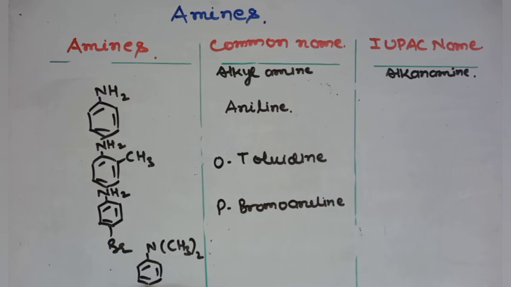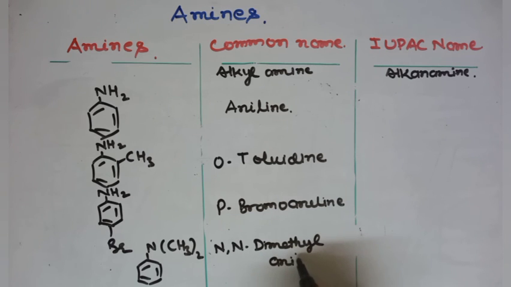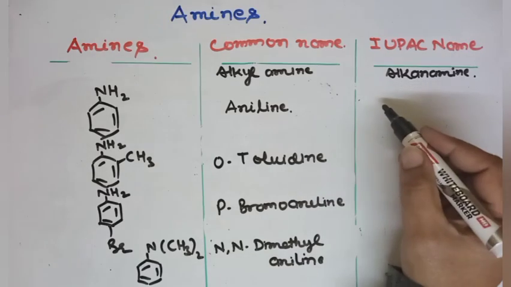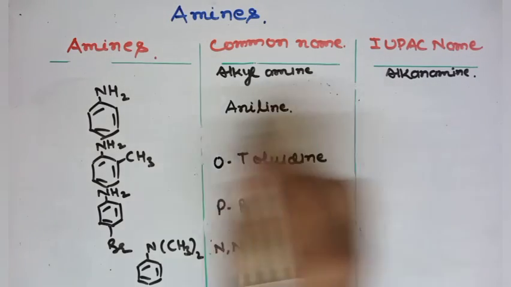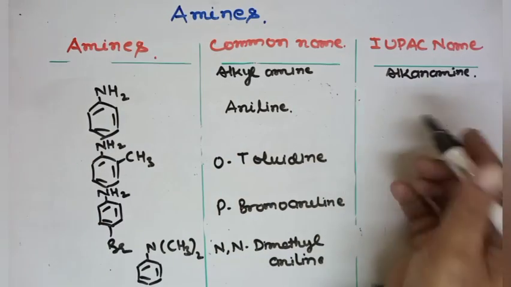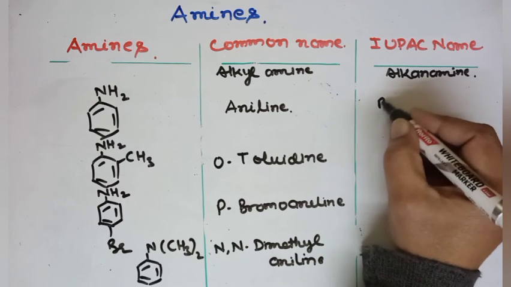This one is again aniline with two hydrogens replaced by two methyl groups. The positions of these methyls are on the nitrogen. So again we call it N,N-dimethylaniline, and the parent one is aniline. Now writing the IUPAC name, this is simply called aniline, or we also call it benzene amine.